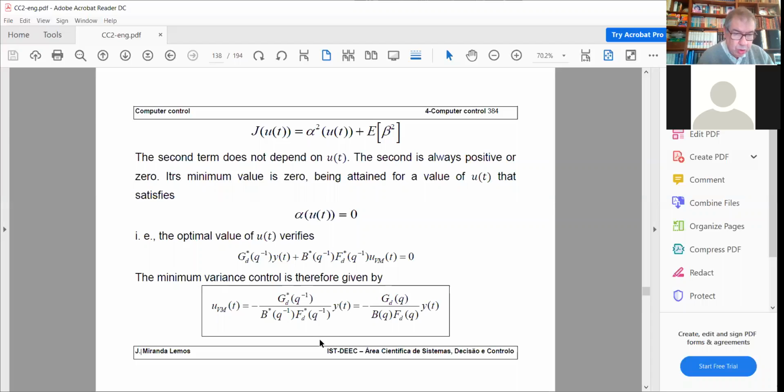Now, if you multiply by q to the minus n plus 1 above and below, you can show that this can be written in terms of the forward shift polynomials. So you can write the control law in any of these forms.